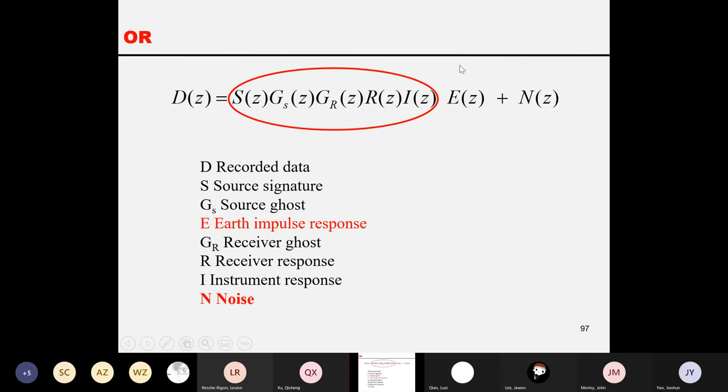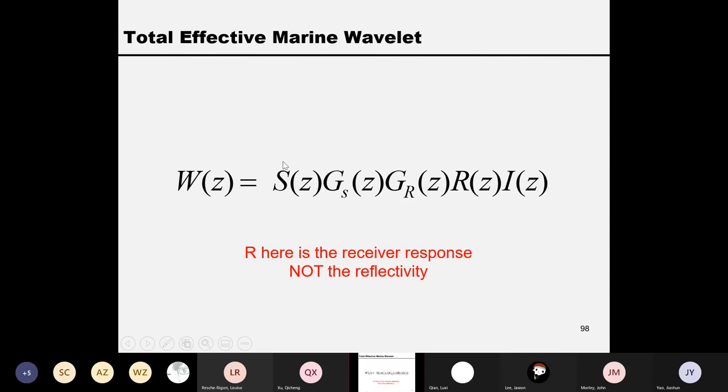So now we simply separate out the subsurface structure and put all the effects together, which we call the wavelet. So when you talk about the seismogram and the wavelet, the wavelet is not exactly the source signature. You can only see the source signature if we have equivalent weights, but it's not. The instrument effect may be less, but the ghost, the receiver, and the receiver ghost all play a role.